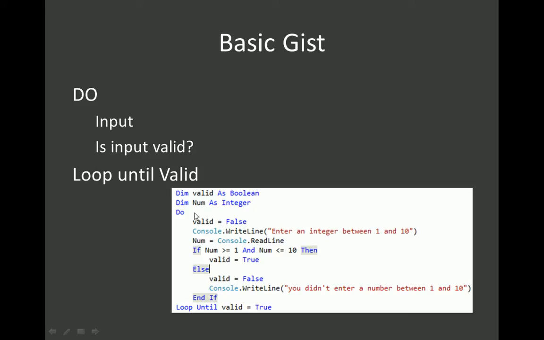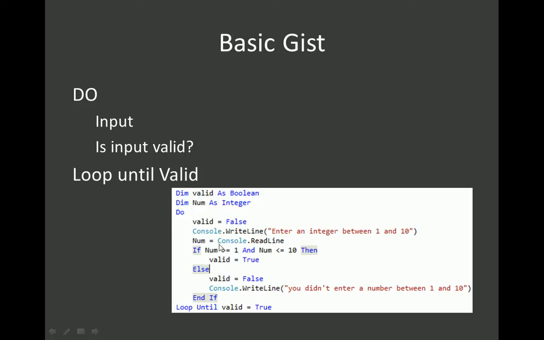I start off by setting valid to false, get my input, and have my boolean expression. If that's true, make valid equal true, otherwise make valid equal false. Of course it's polite to give some kind of user feedback to tell them why it's false, and that system would always work.